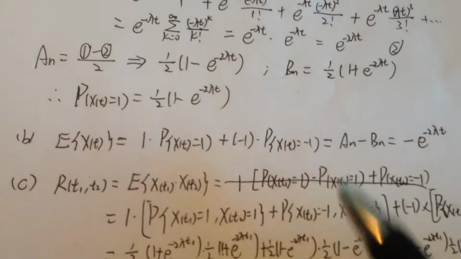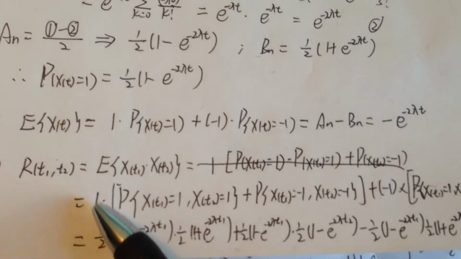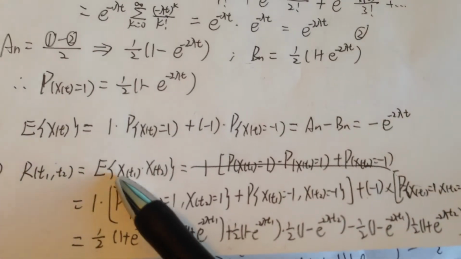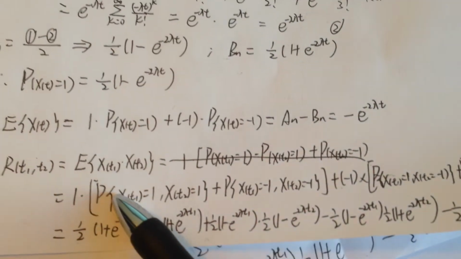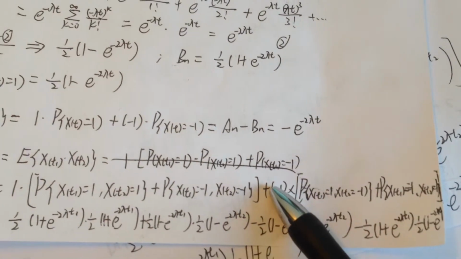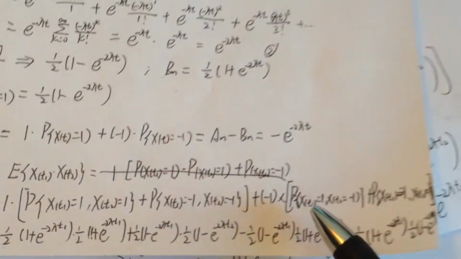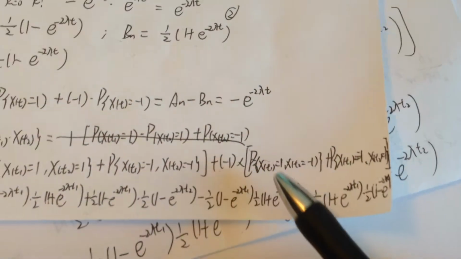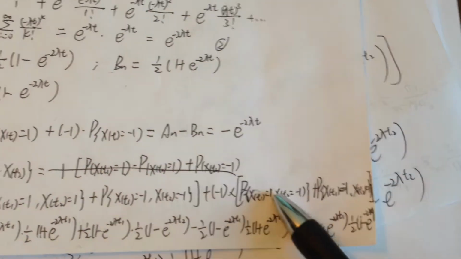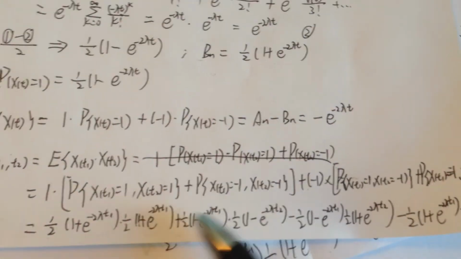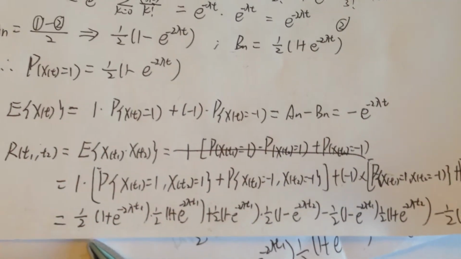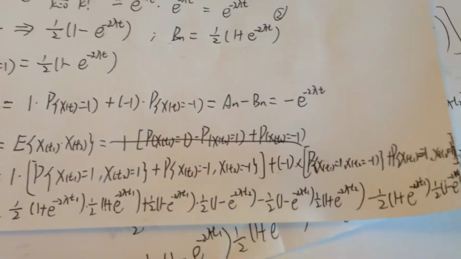So the same as the second question, it equals 1 times the probability of the product equals 1, that is this one plus this one, and plus minus 1 times the total probability of the product equals minus 1. It has two terms like this. So we can put this in, and the answer is like this formula.